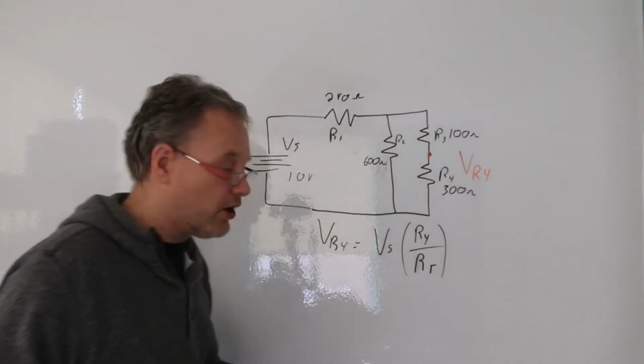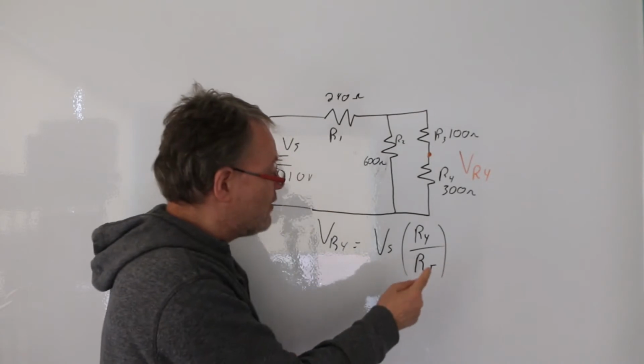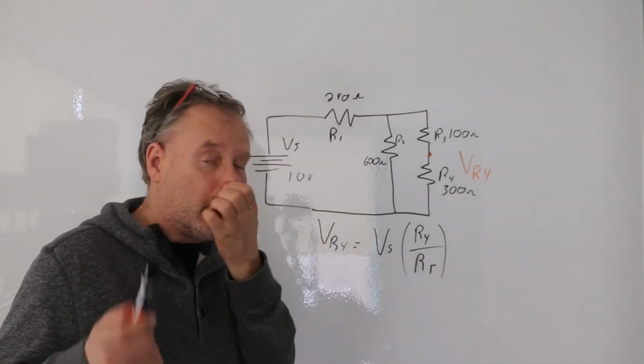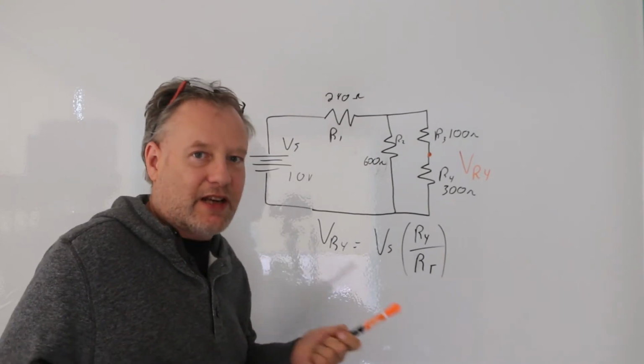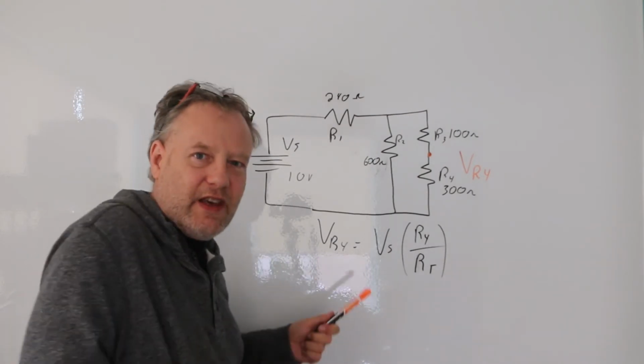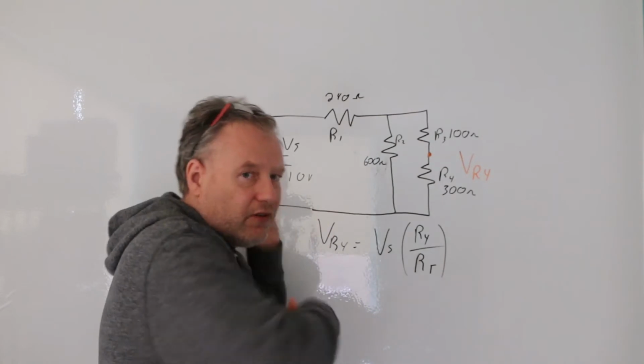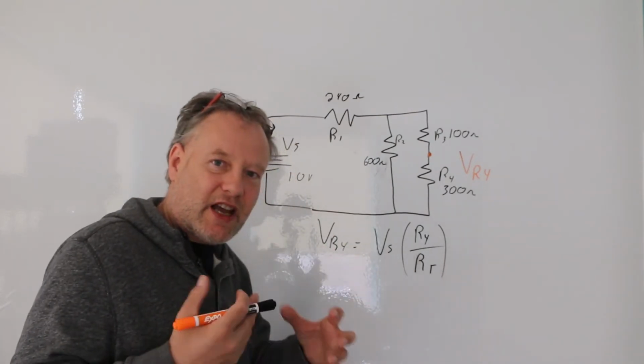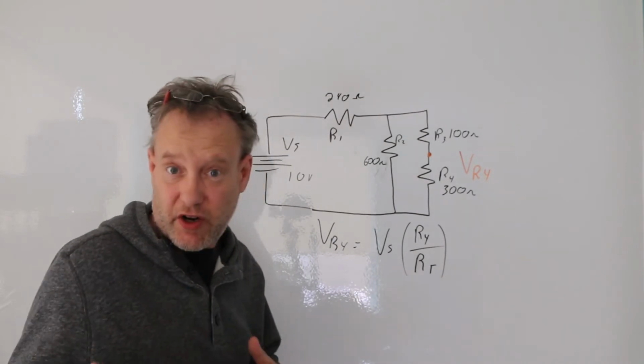Now let's take a look at what this means and what that means. In our previous example, when we were doing the current divider, the IT was actually the IT, but in this case the VS is different. This is a general form, and we apply this to the part of the circuit that's actually doing the dividing, either current or voltage.